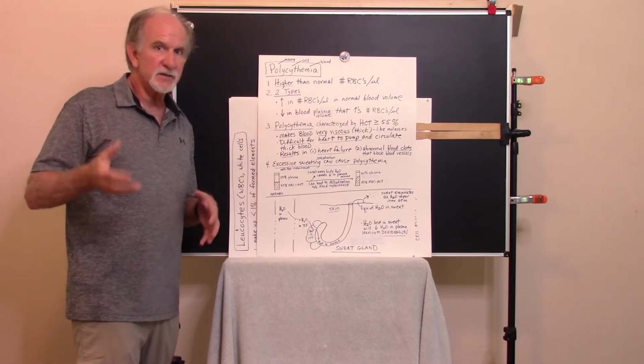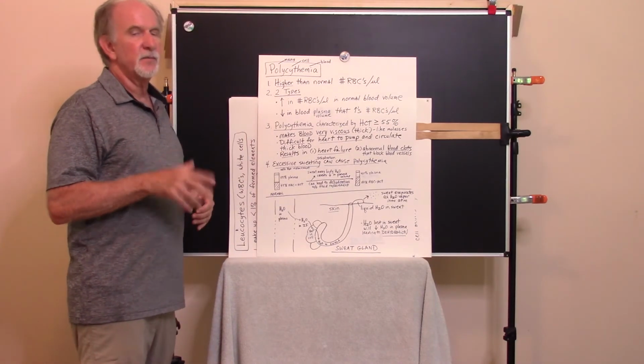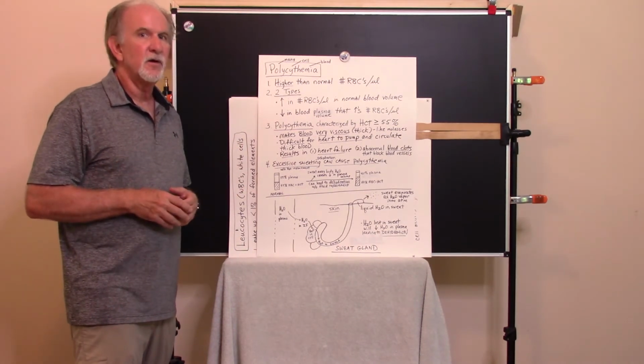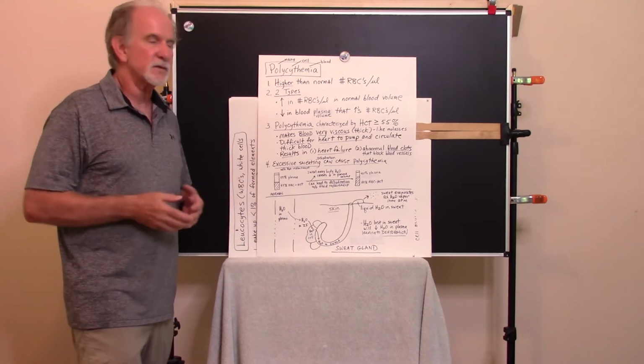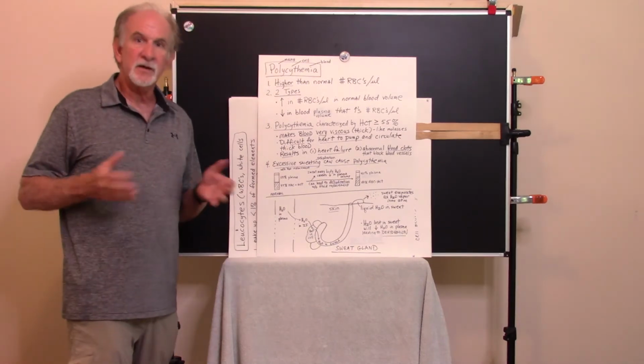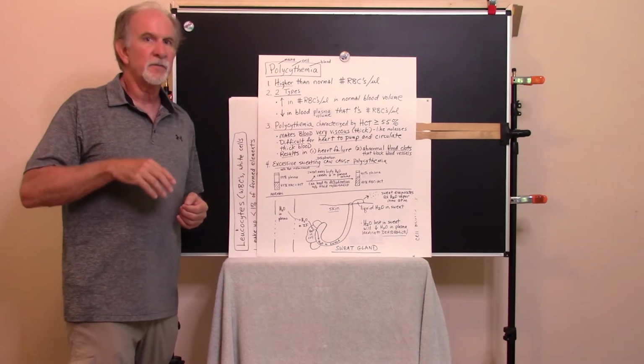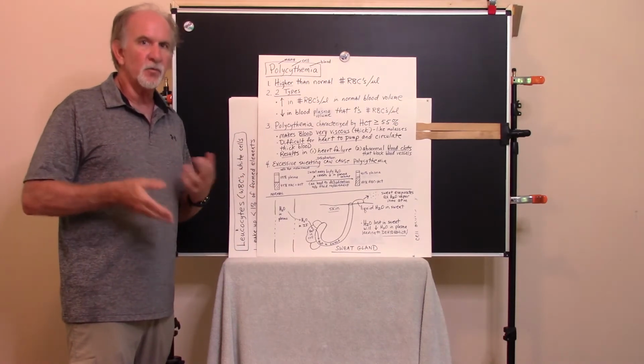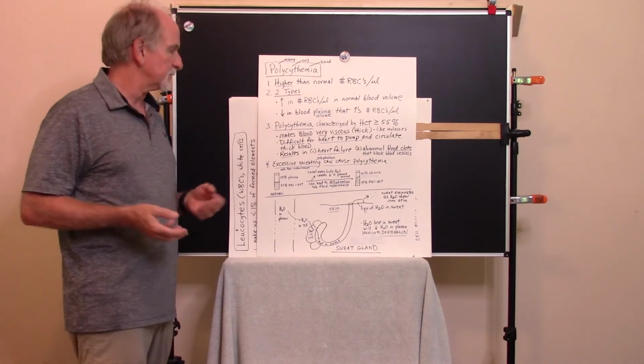That raises the hematocrit and makes the blood very thick. And this can lead to all kinds of problems, particularly with young athletes who are working out in the summer without drinking water on a regular basis.